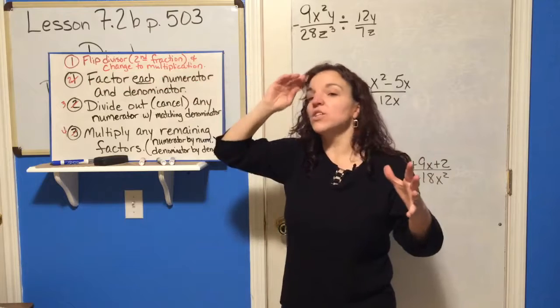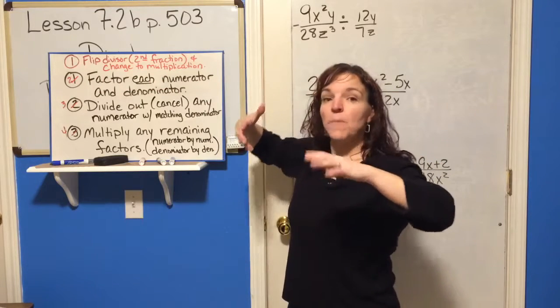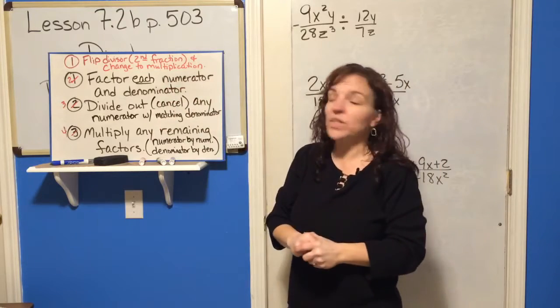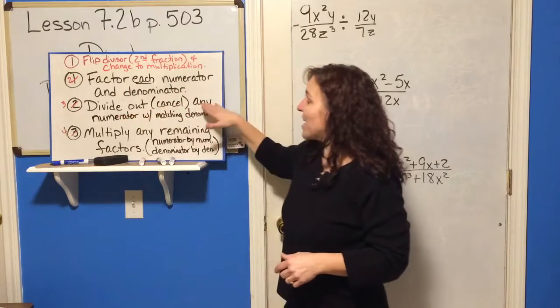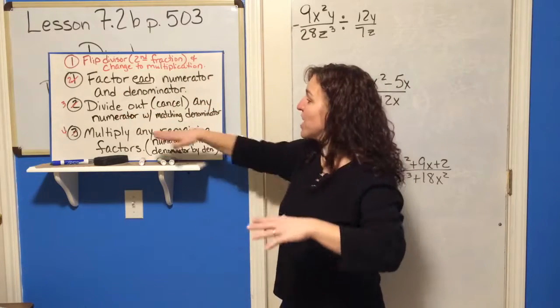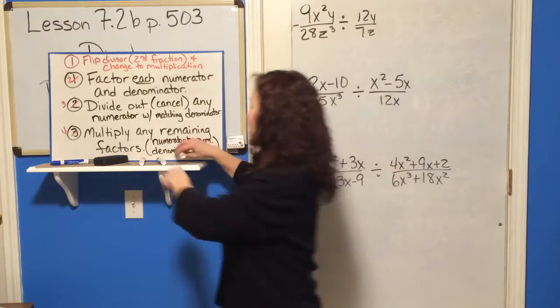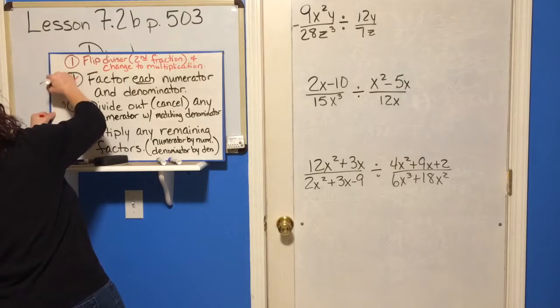So step one is to flip the second fraction, turn it to multiplication, and then you follow exactly the same steps that we did before. You're going to factor each numerator and denominator, divide out any numerator with a matching denominator, and then multiply any remaining factors numerator by numerator and denominator by denominator. And we should put on here that this is dividing.